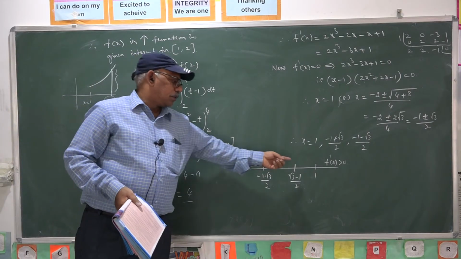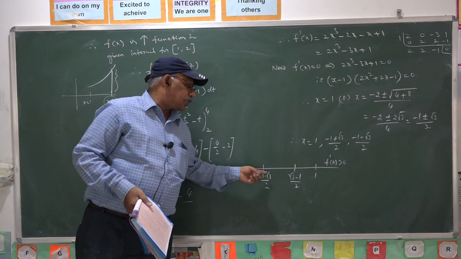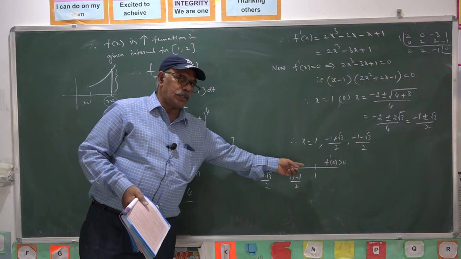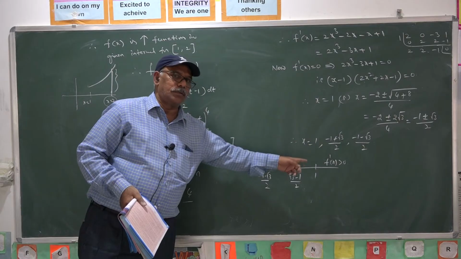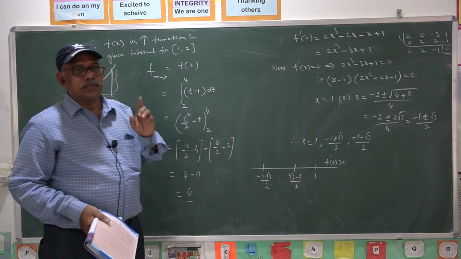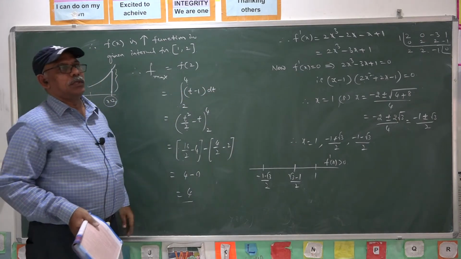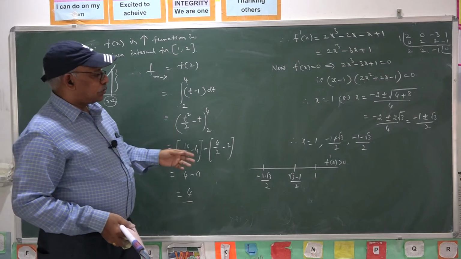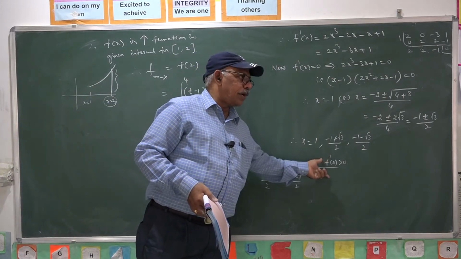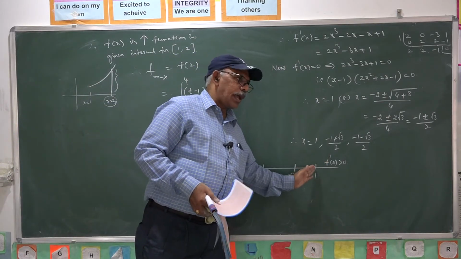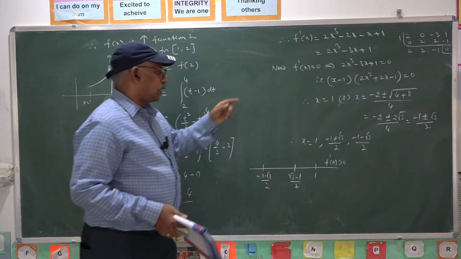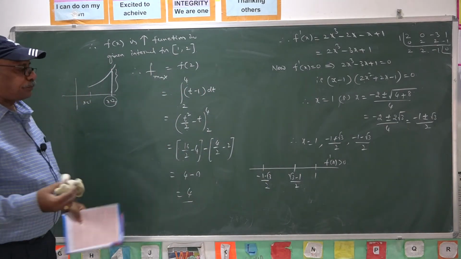So the discussion is only just I confined for the values of x more than 1 because the given interval is between 1 and 2, not less than 1. So that's why I discussed f dash x nature for x more than 1. That is more important.